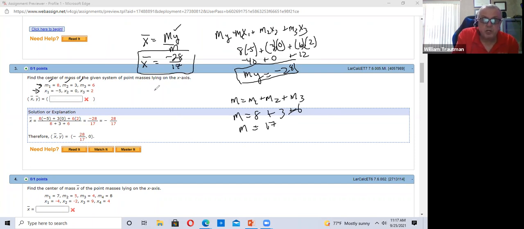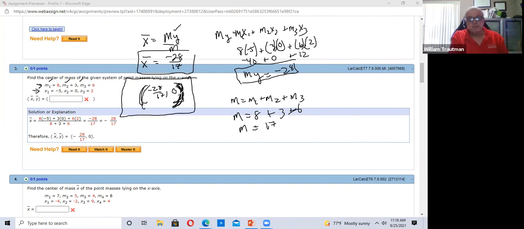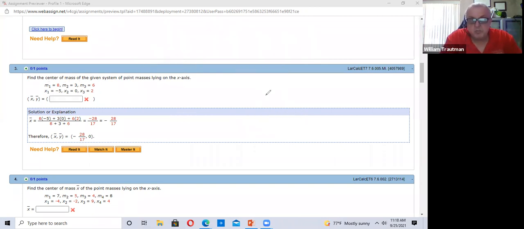And so the coordinate for the center of mass is -28 over 17, and y is 0. Remember, we said it's on the x-axis, so the actual coordinate for the y part is 0. Okay, so that's problem 3.